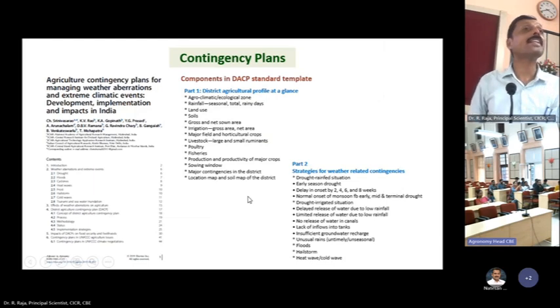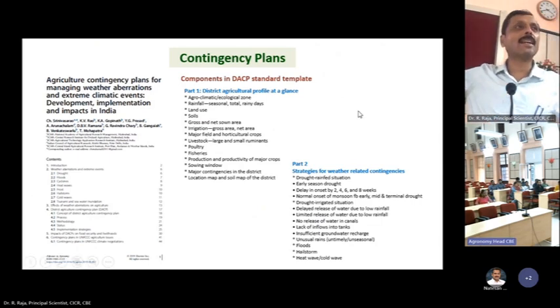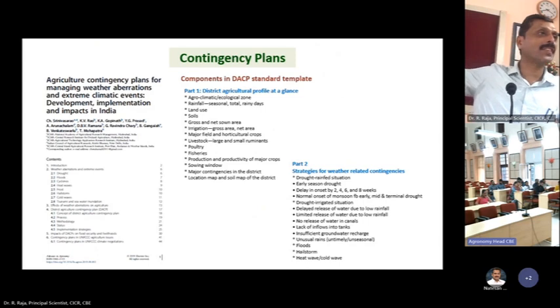So then contingency plan. Can you explain what is a contingency plan? In simple terms, what's next, like what is plan B, isn't it? For the entire country, around 600 odd districts, ICAR has developed contingency plans.